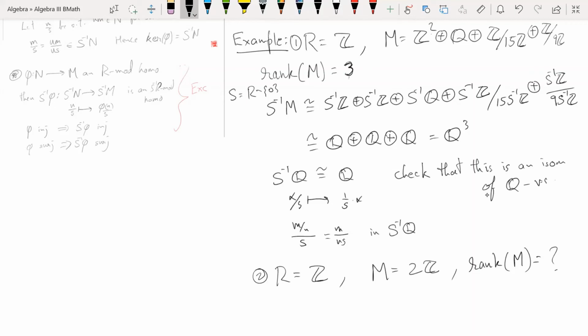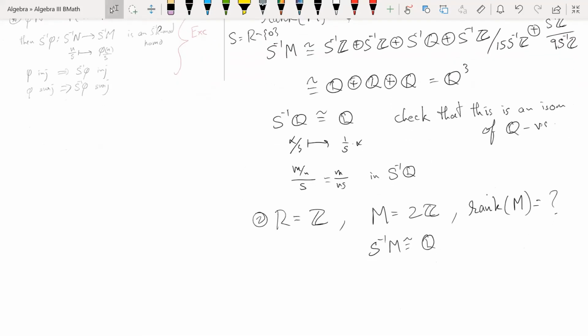It will be 1, because S inverse M is, you can show, isomorphic to Q. It's S inverse 2Z, but you can show it's isomorphic to Q. So the rank of M is again 1.